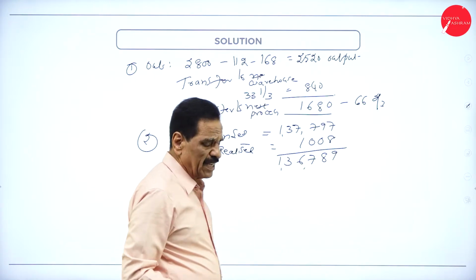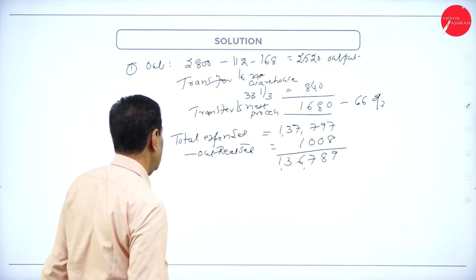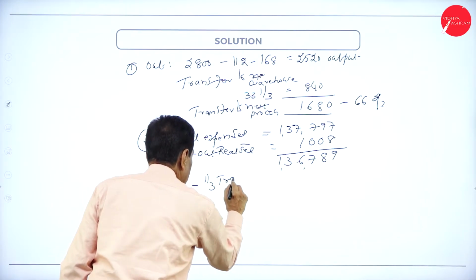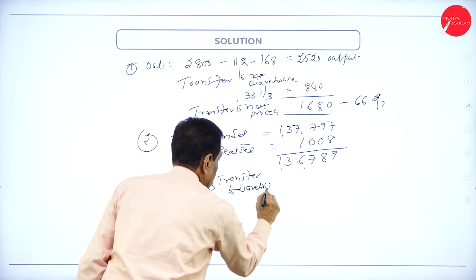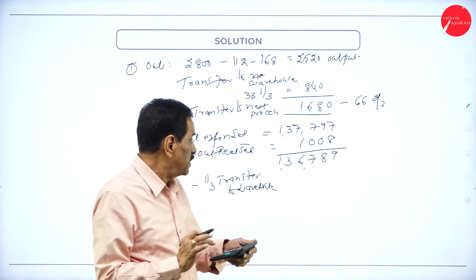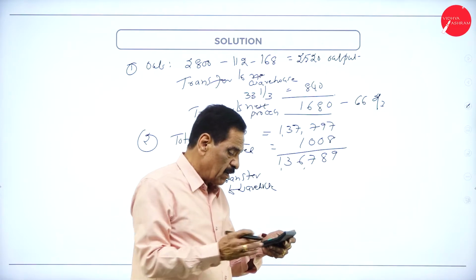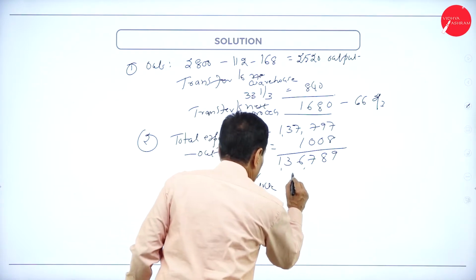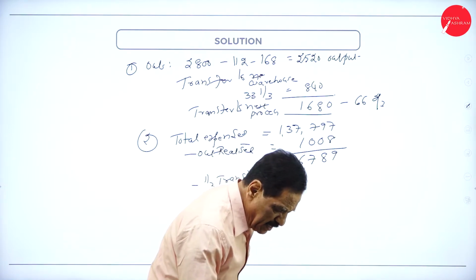It is 1,36,789. Then 1/3 transferred to warehouse. 1,36,789 divided by 3 is 45,597.